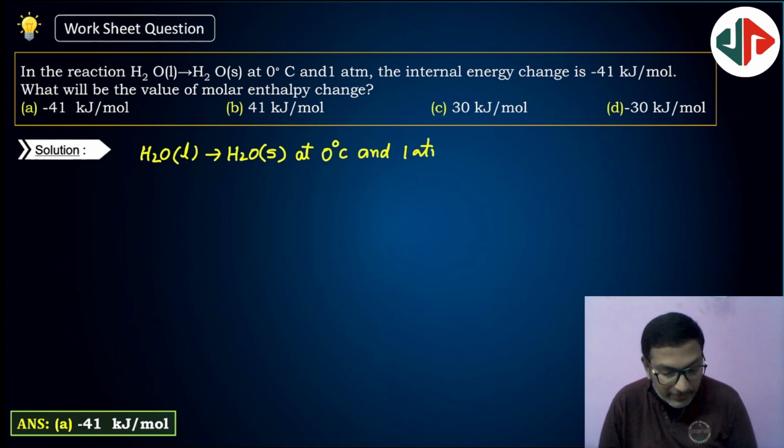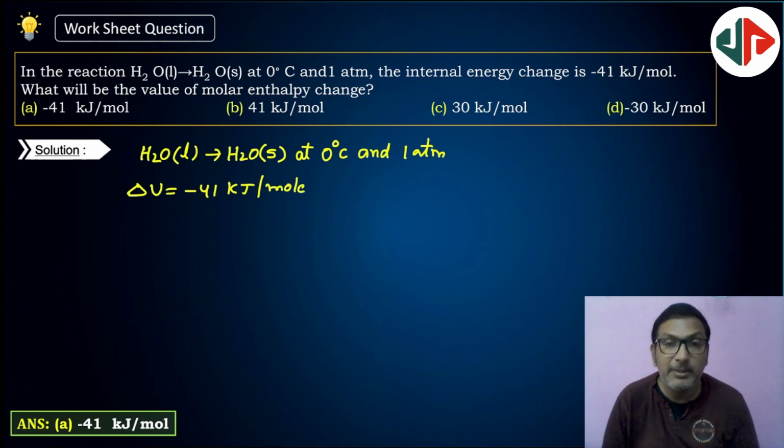So given value is delta U, internal energy change, minus 41 kilojoules per mole. So from this we can calculate delta H, enthalpy change.